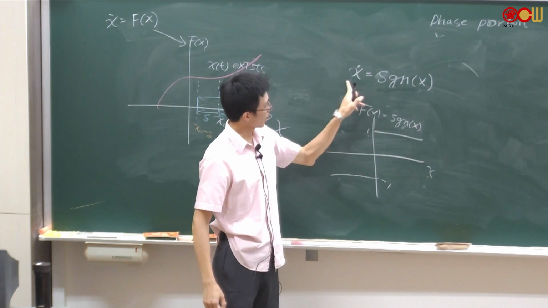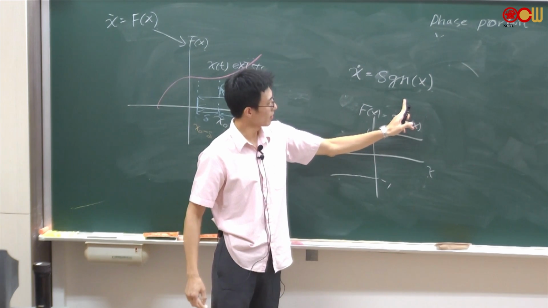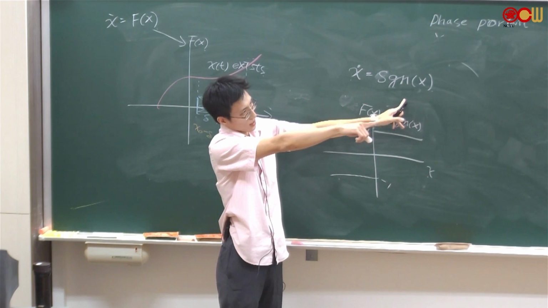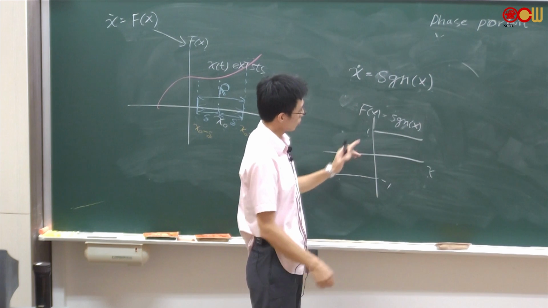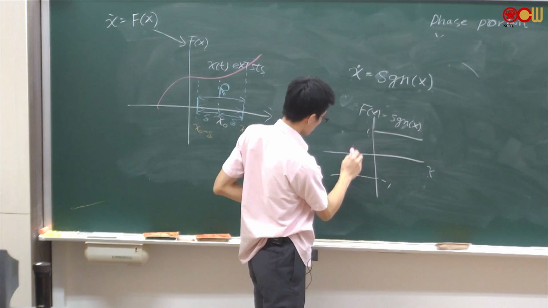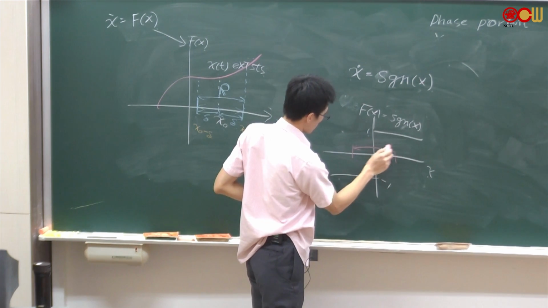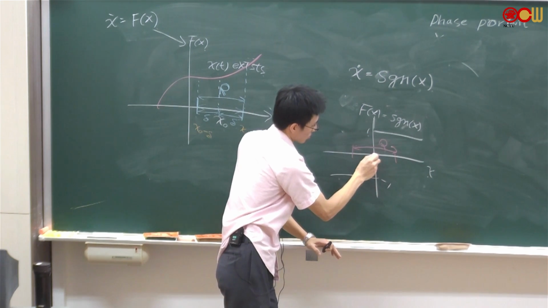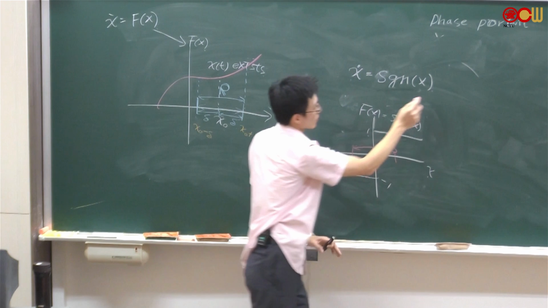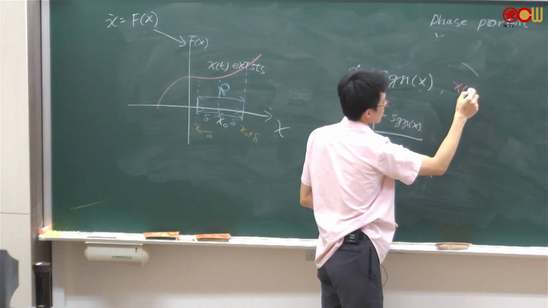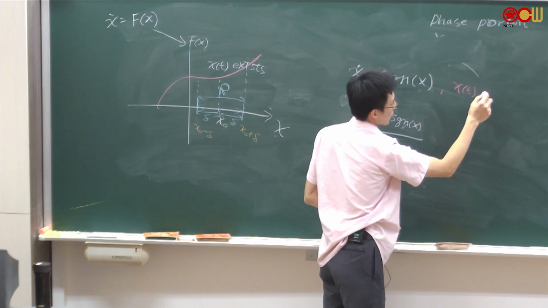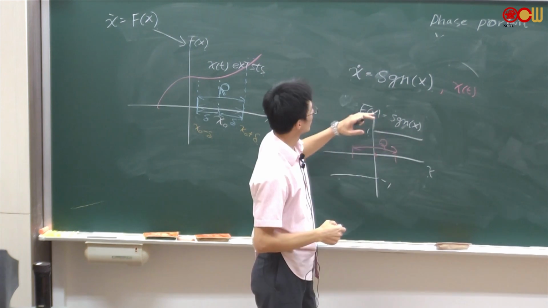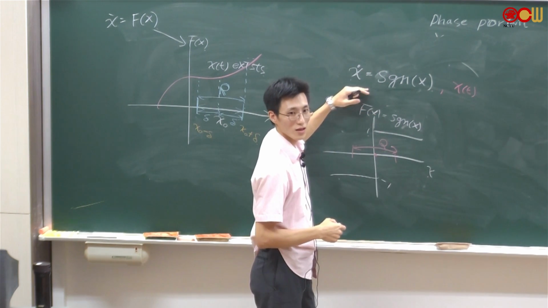If your dynamics is this, then according to that, f has to be continuous in some region. Maybe say this is the R region, because it's not continuous at 0. So the solution might not exist. It's even hard to solve this one.